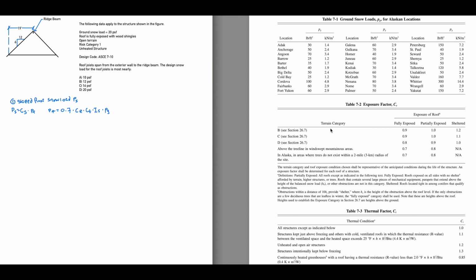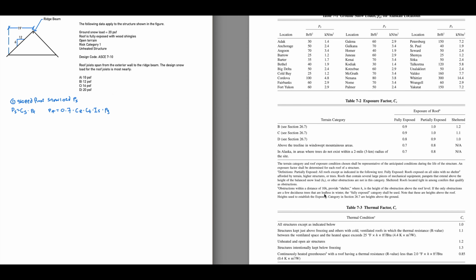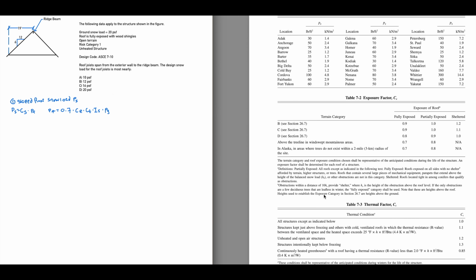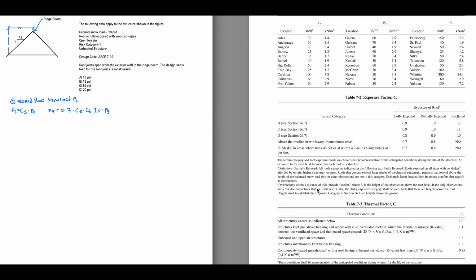The terrain category could either be B, C, or D. And if we look at our problem statement, it tells us that this is open terrain. So we need to go to chapter 26 to figure out what the terrain category is. Remember, chapter 26 deals with wind loads.